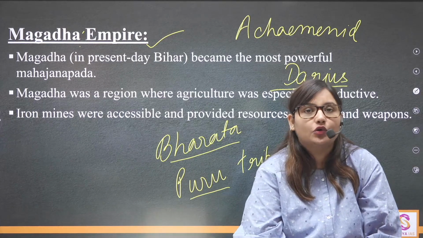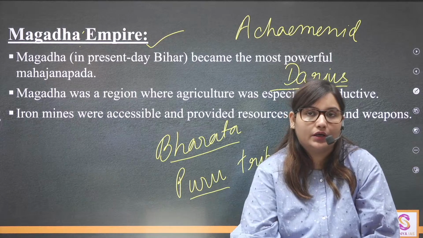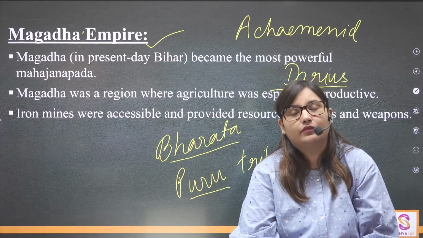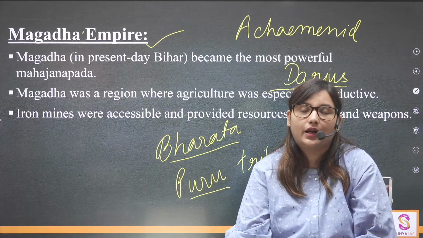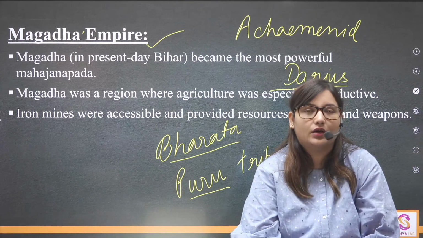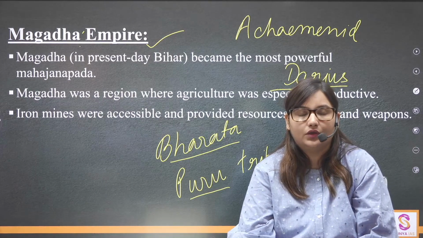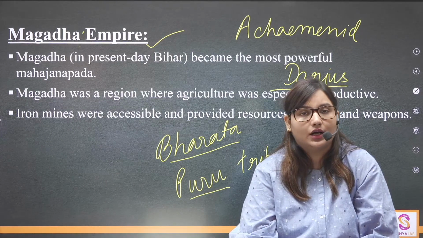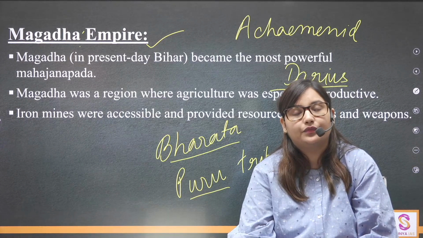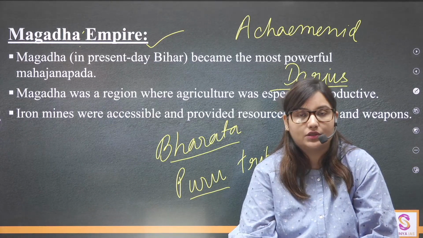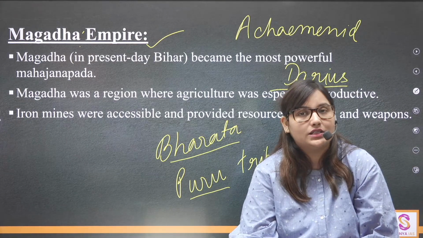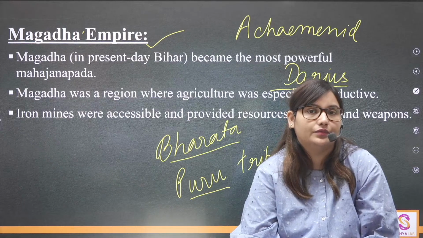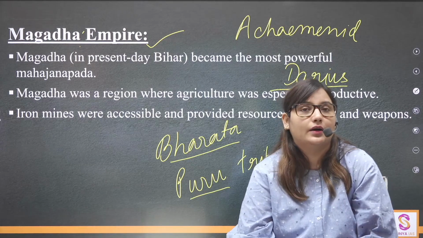Next point. Koshal included the tribal republican territory of the Shakyas of Kapilvastu, which has been identified with Piparava.